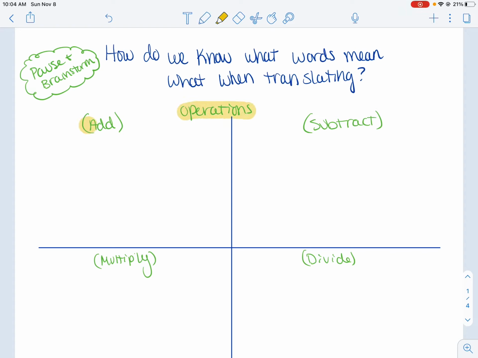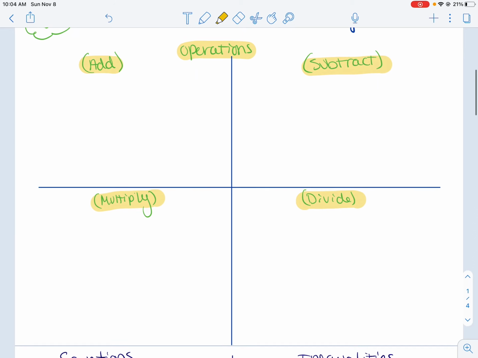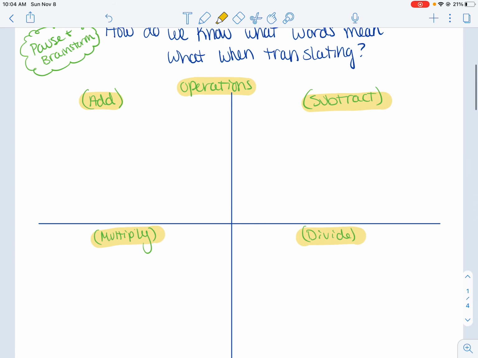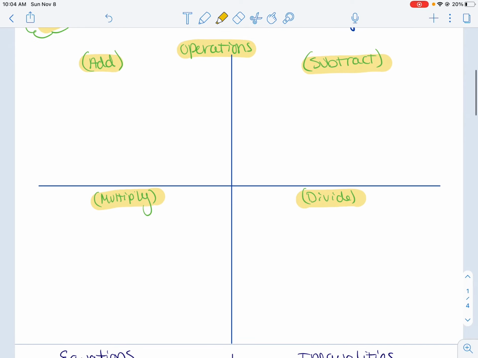Those are going to be our 4 categories for the first part. I would like you to sketch this little table and then pause the video and brainstorm. Write down any words you can think of that fall in these 4 categories, and when you think you have at least a couple words for each one, come back and let's talk about them together.